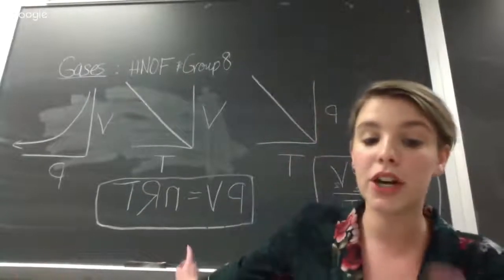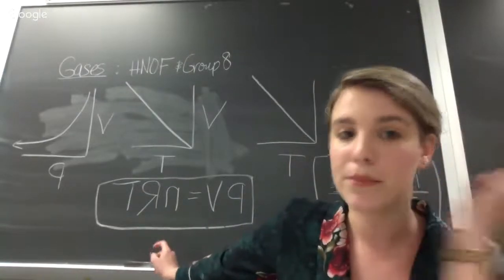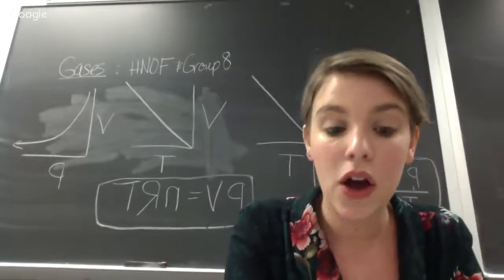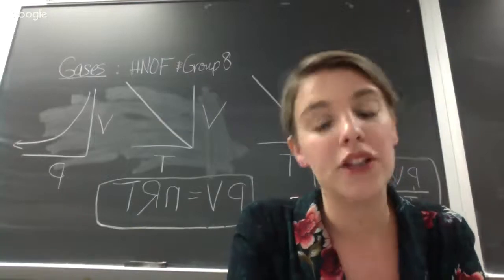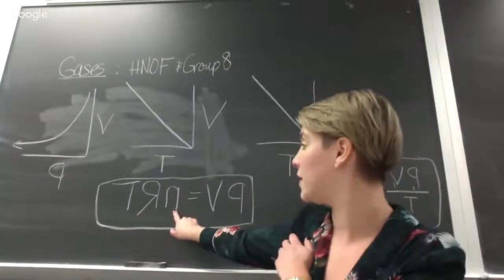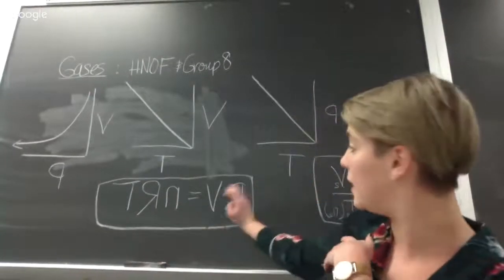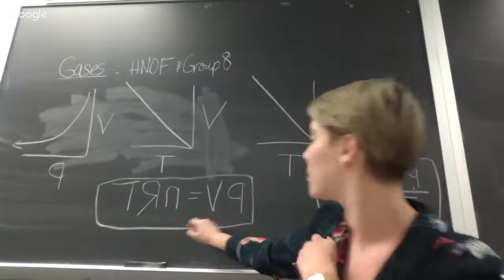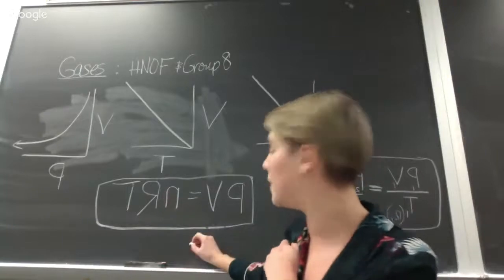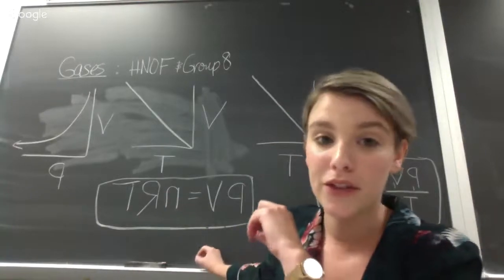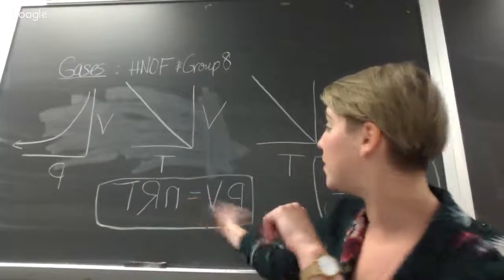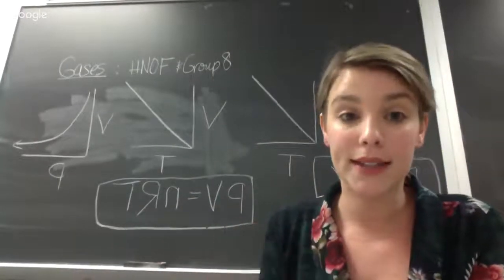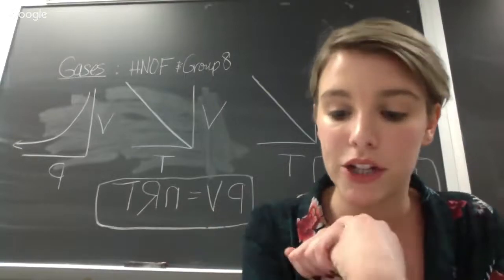Also, this one is good because, as you have in your book, you can determine the gas density or the molar mass. Density is mass over volume, right? So you can manipulate this and find out the density just with this equation.